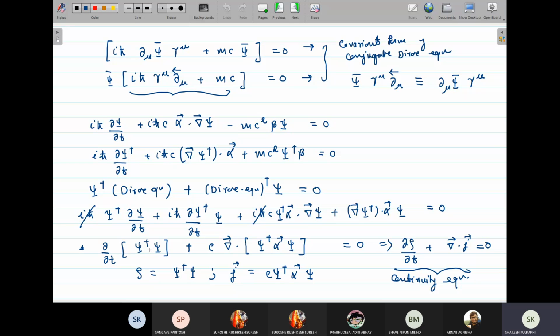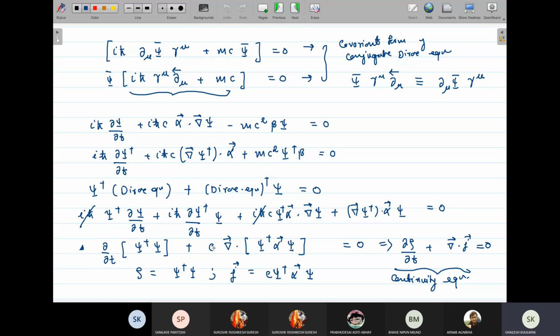One gamma 0 will attach to psi dagger and makes it psi bar, and one gamma 0 remains in between psi bar and psi. Similarly, I can insert gamma 0 square here. One gamma 0 will attach to psi dagger, makes it psi bar, and one gamma 0 will attach to vector alpha and makes it vector gamma.